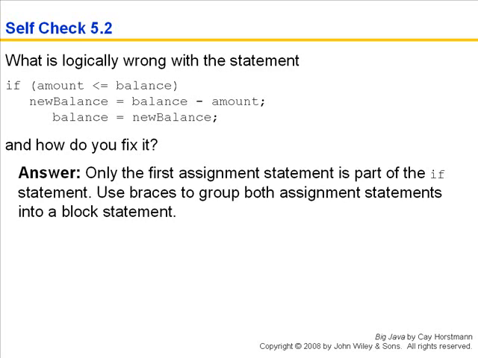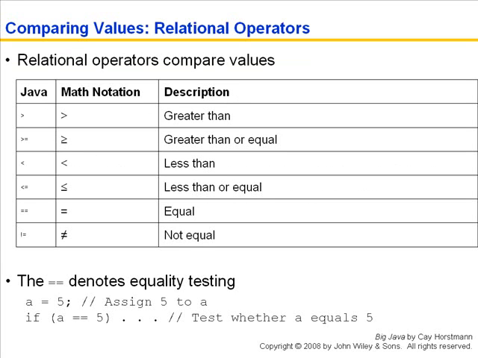Okay, how do we compare values in Java? We have relational operators to compare two things. For right now, let's just talk about comparing two numbers. We'll see later that there are some issues that may crop up with our comparisons. But we're going to have 6 relational operators in Java.